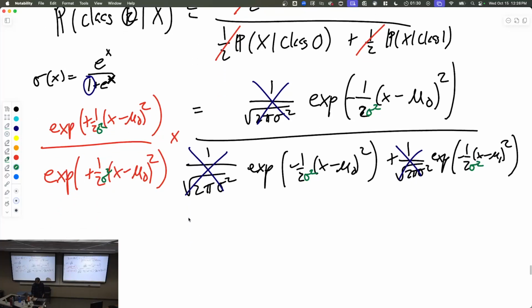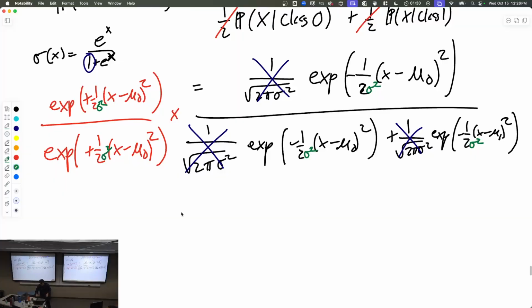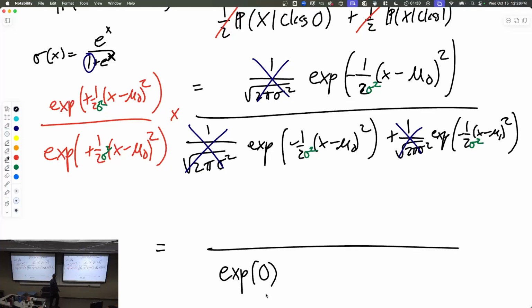And now the magic happens. This multiplies this. That becomes an e to the 0, which is 1. So we have something divided by something. We have an e to the 0, and it was cooked up to be an e to the 0 because I put a plus here and a minus here. Over here, I'll have minus this thing plus that thing, plus the exponential.